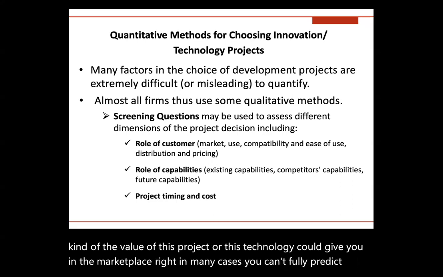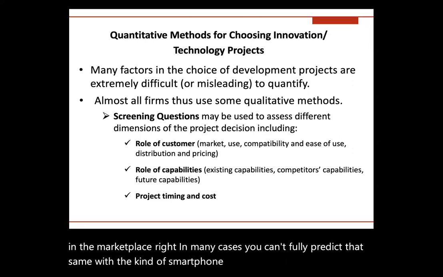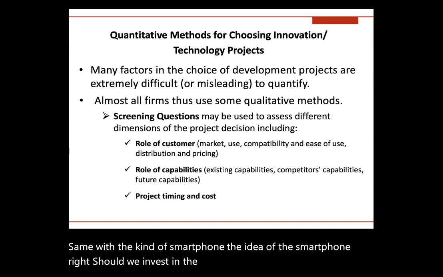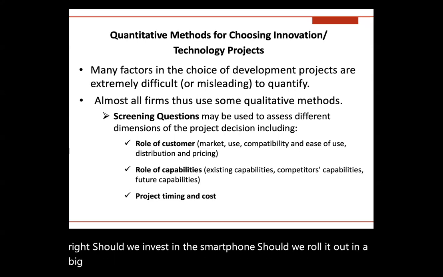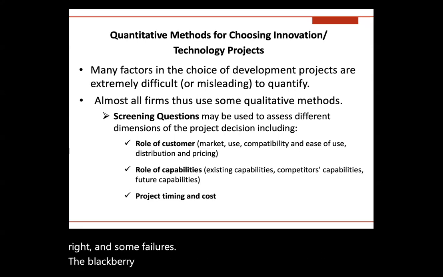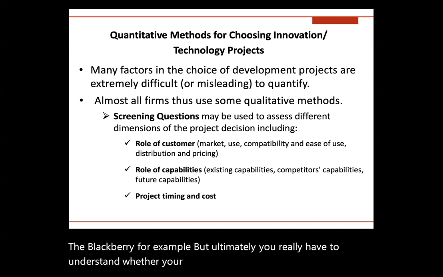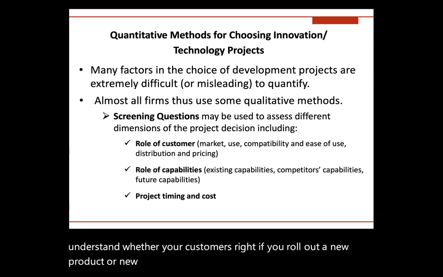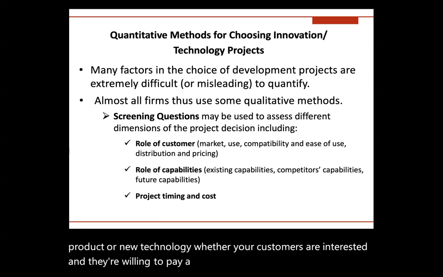Same with the idea of the smartphone. Should we invest in the smartphone? Should we roll it out in a big way? There have been some successes previously and some failures, like the BlackBerry, for example. But ultimately, if you roll out a new product or new technology, you really have to understand whether your customers are interested and willing to pay a premium for that product.